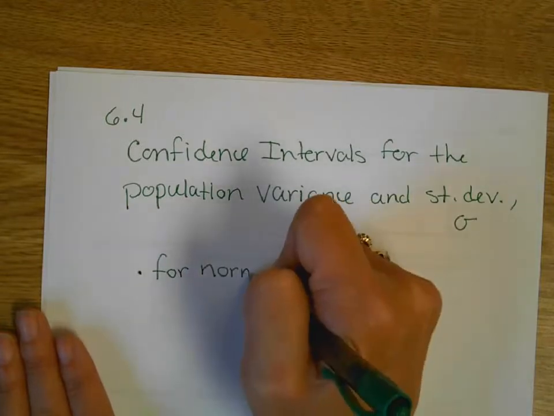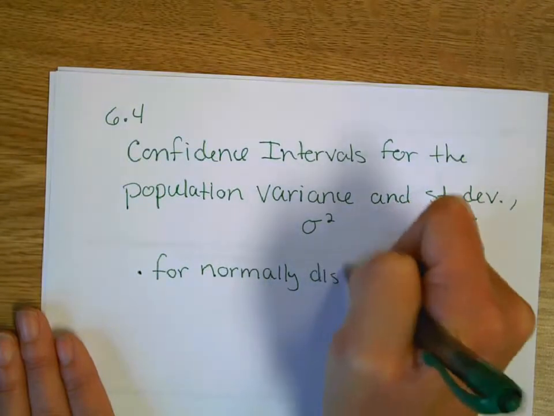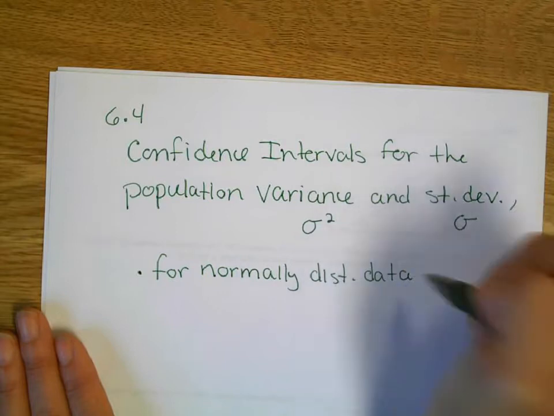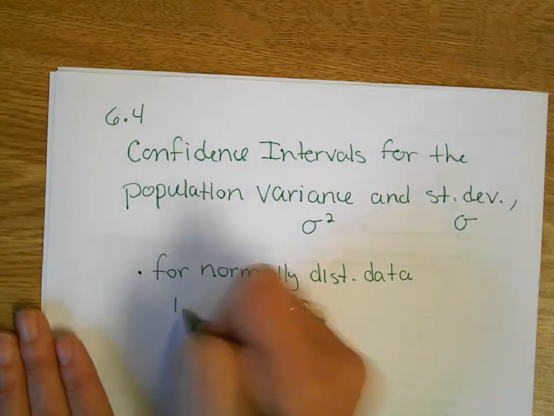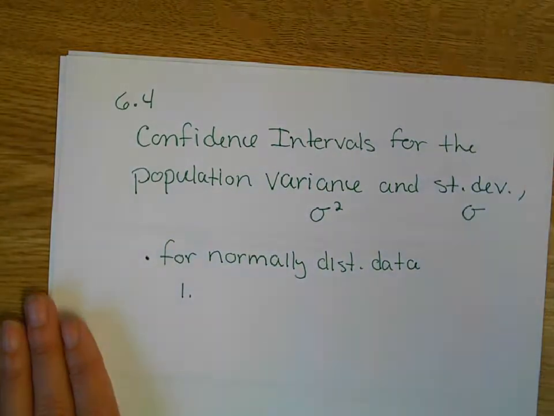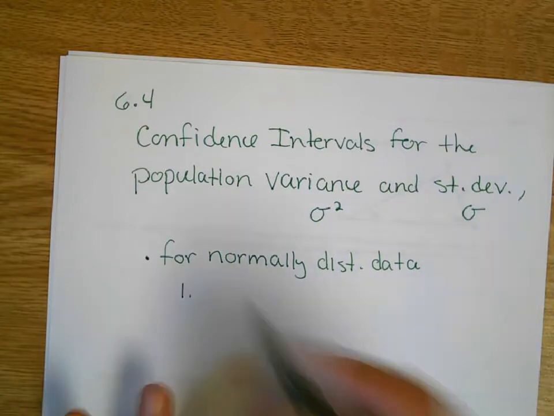So for normally distributed data, first thing, if you were to keep doing a bunch of sets of data and now look at the variance of each set or the standard deviation of each set, if you were to make a graph of just variance and standard deviation, that's not normally distributed, but it's okay.